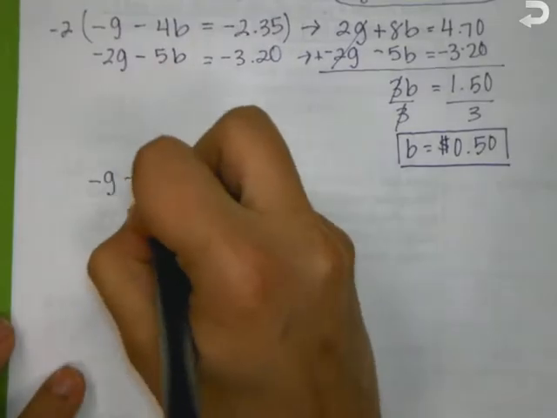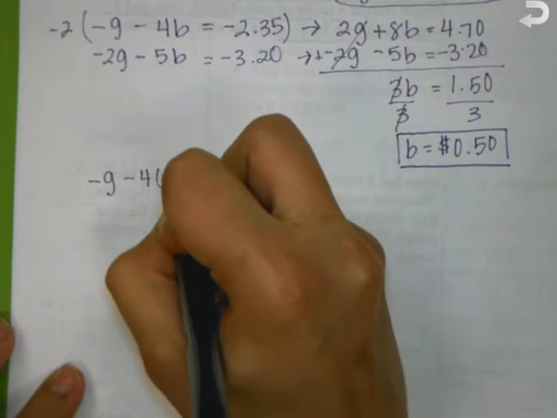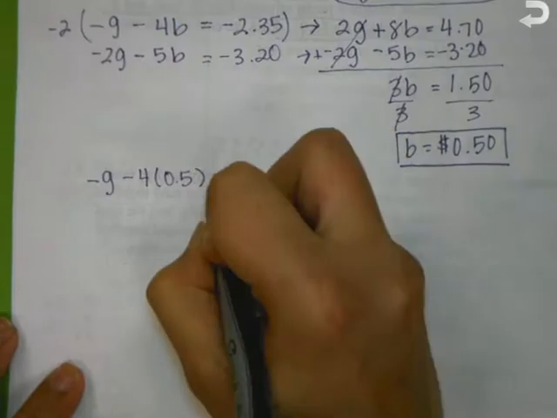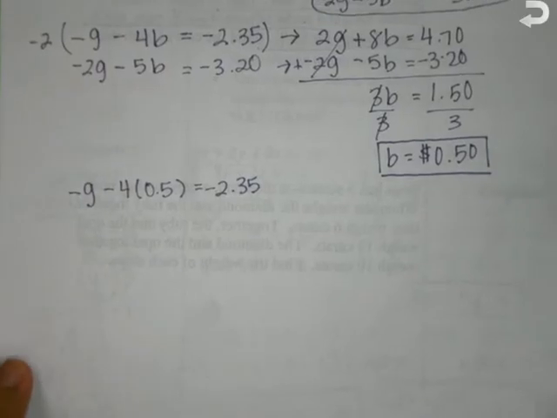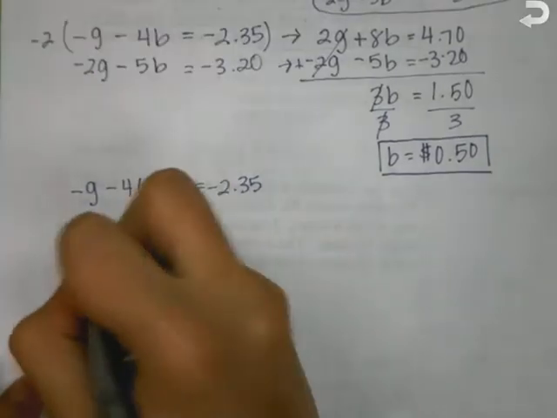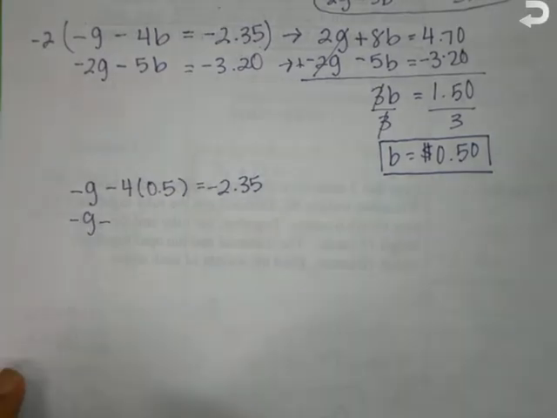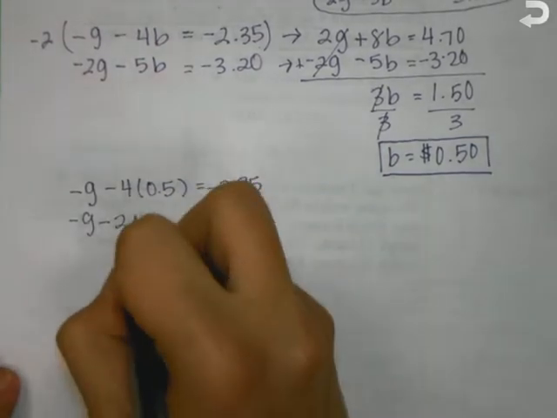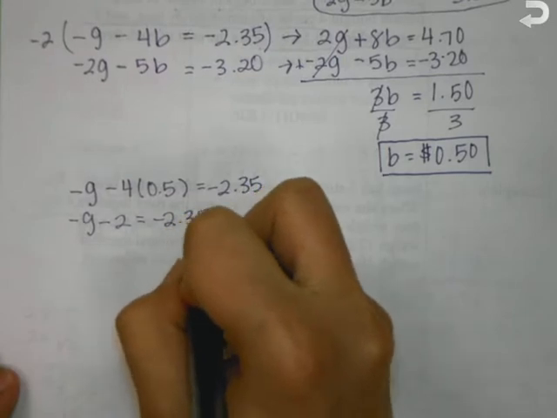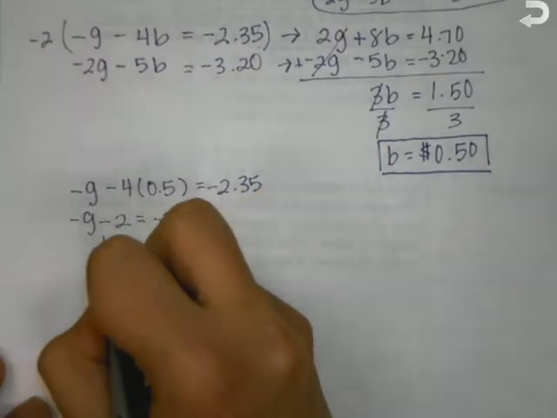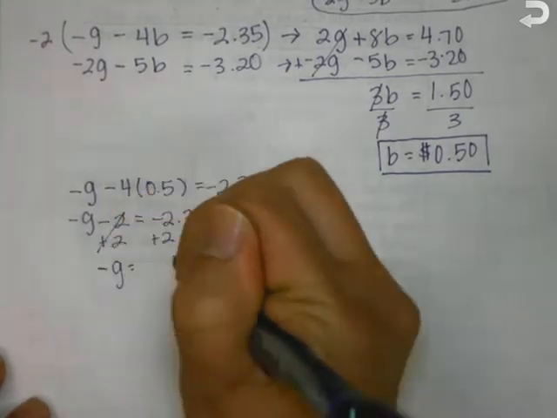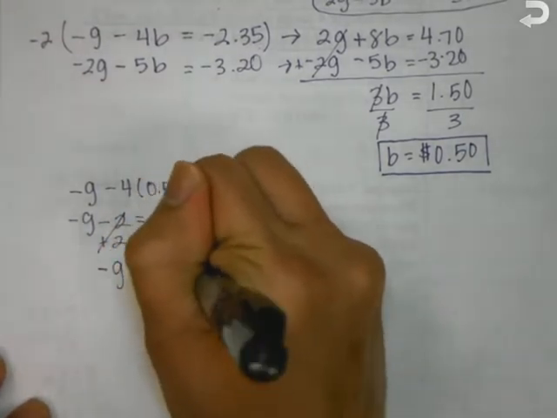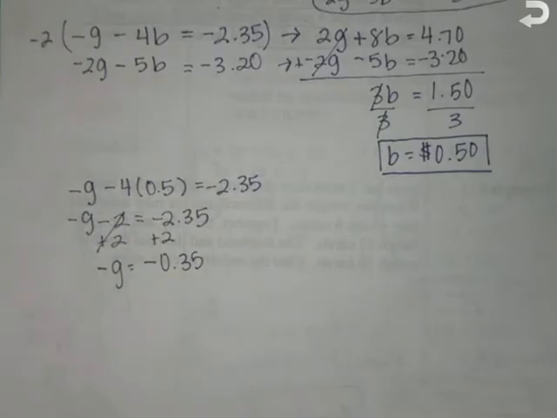So negative G minus 4 times 1/2 is 2 equals negative 2.35. Add 2 to both sides. So negative G equals negative 0.35. But we can't have negative money or negative gum. So let's divide both sides by negative 1. So G equals positive 35 cents.